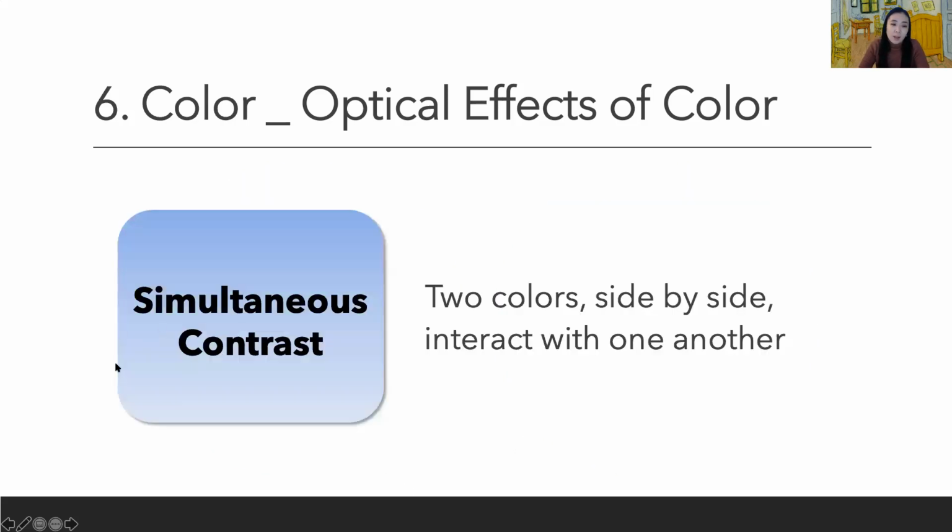Simultaneous contrast. When there are two colors side by side, these colors interact with one another and change our perception accordingly. For example, the most popular technique to use simultaneous contrast is complementary color.